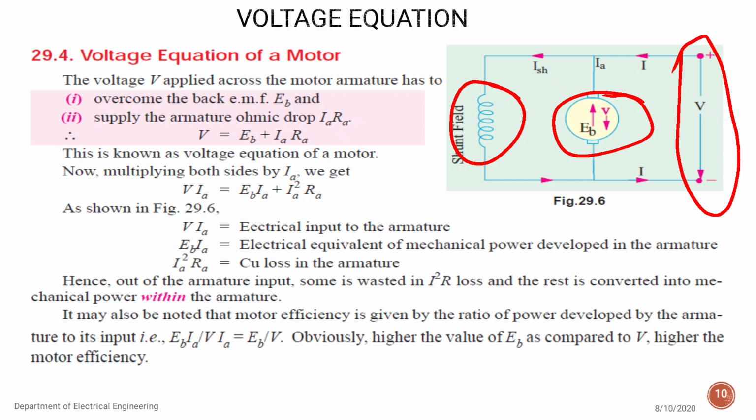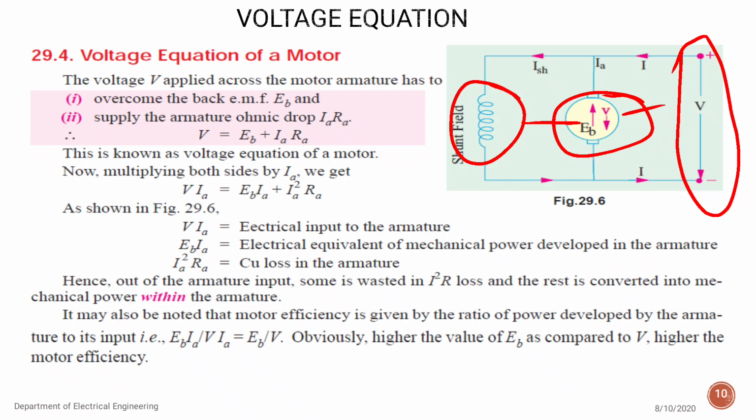Now first, you can see the direction of the arrows of V and EB. These are opposite in direction to each other. So whenever the voltage V is applied across the motor armature, it has to overcome the back EMF and the armature ohmic drop. There is a voltage drop in the armature circuit, which is nothing but IaRa, the armature current multiplied by the armature resistance.